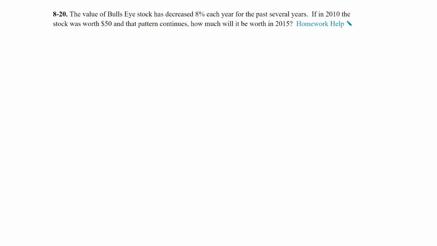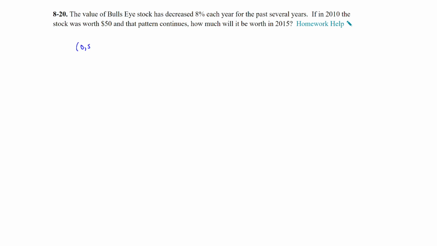Question 20. The value of bullseye stock has decreased 8% each year for the past several years. In 2010, the stock was worth $50, and that pattern continues. How much will it be worth in 2015? So we have an 8% decrease. We have an initial value of 50.